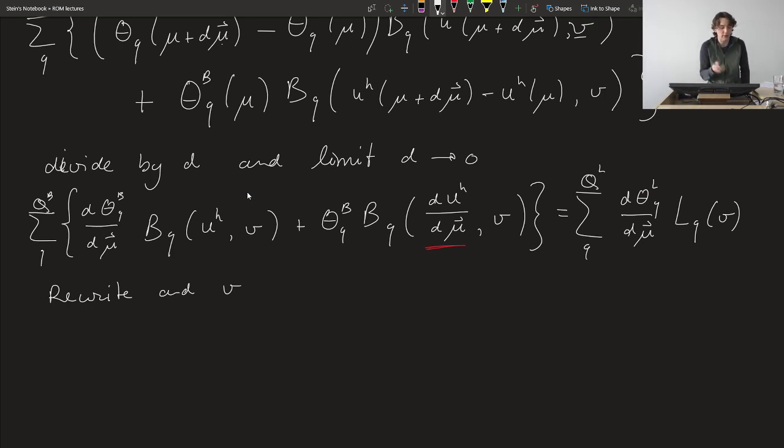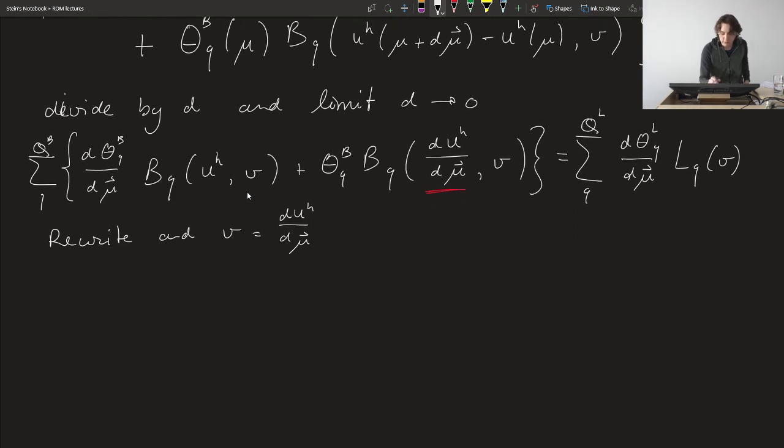So I can get a nice result by choosing my test function to be equal to d u h d mu hat. Now we'll see that in a second. So again, this term summed is nothing other than exactly the definition of my original bilinear form with d u h d mu, this term, and I'm setting the same thing in my v slot.